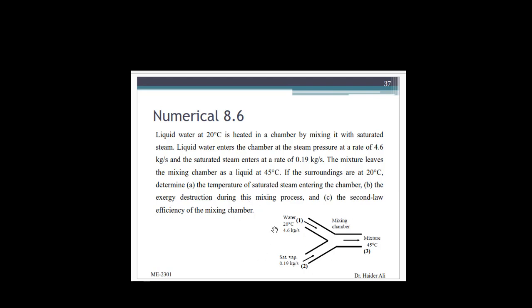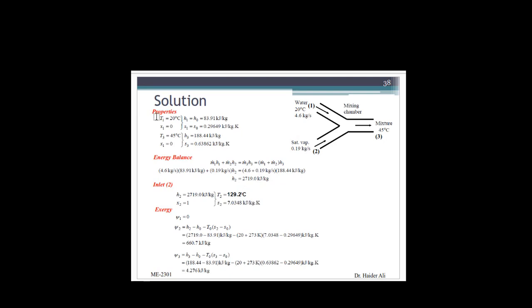So we have two streams mixing and coming out as a liquid at 45 degrees Celsius. Initially we have h1 and s1 at 20 degrees Celsius, and since it's a liquid, x equals 0, and at state 3, as a liquid, we have h3 and s3.